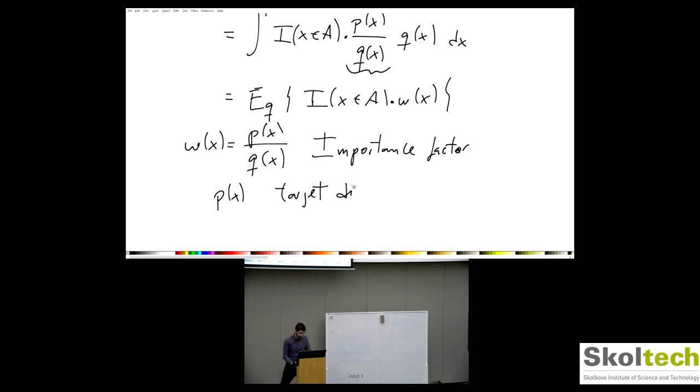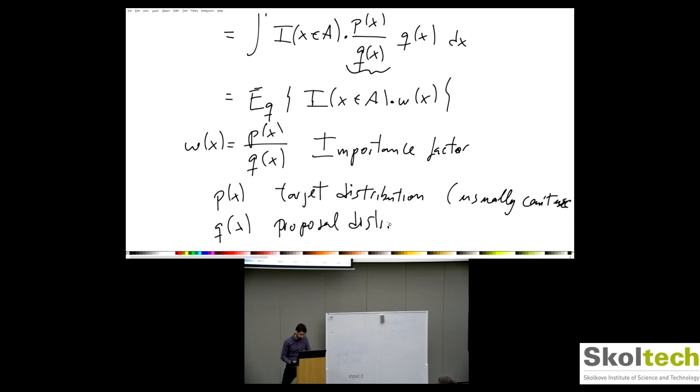But in this case, the target distribution in general will not be available, or it's not practical, so usually we can't use it. And this is the proposal distribution. Okay, so I'm just defining things: P of x, Q of x, and weights.